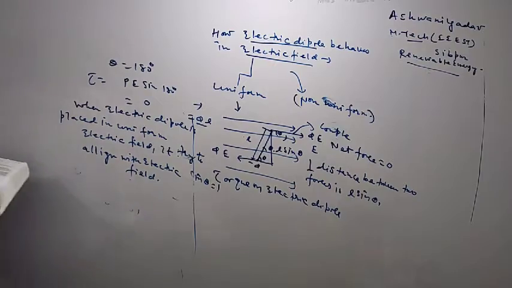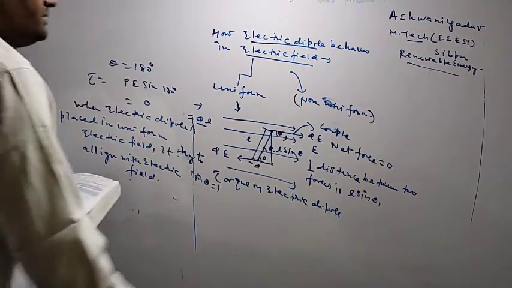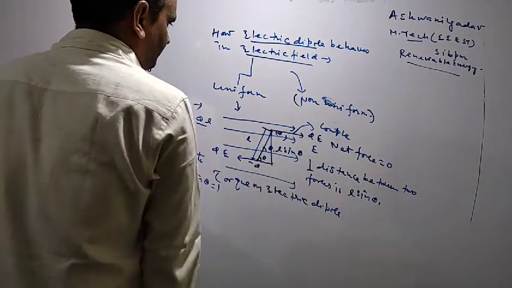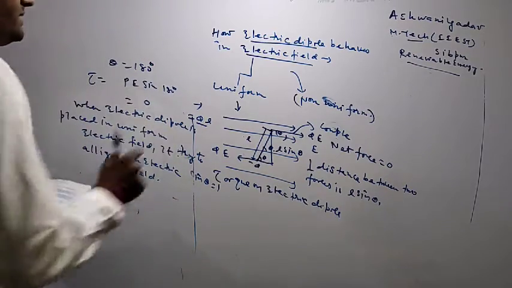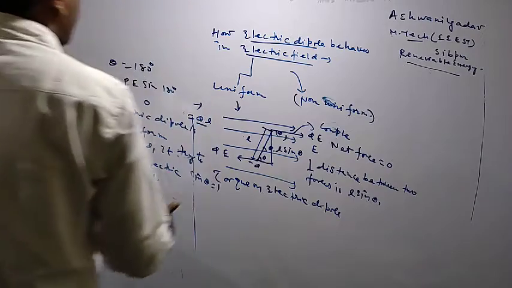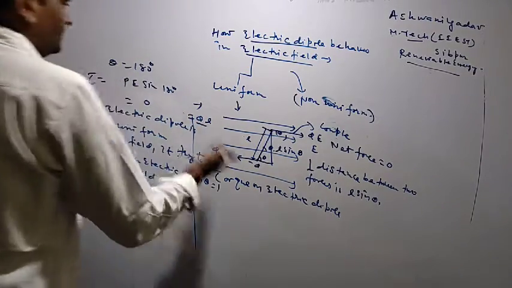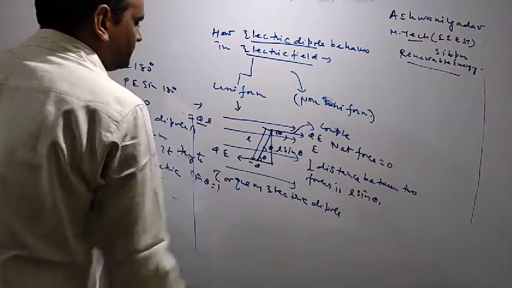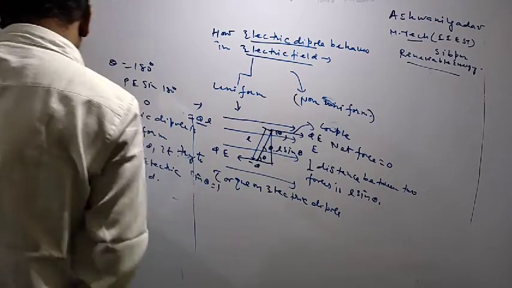Okay, so that torque vanishes, torque becomes 0. Okay, important thing that it will feel torque, and we have calculated the amount of torque, that is cross product of two quantities, P cross E.